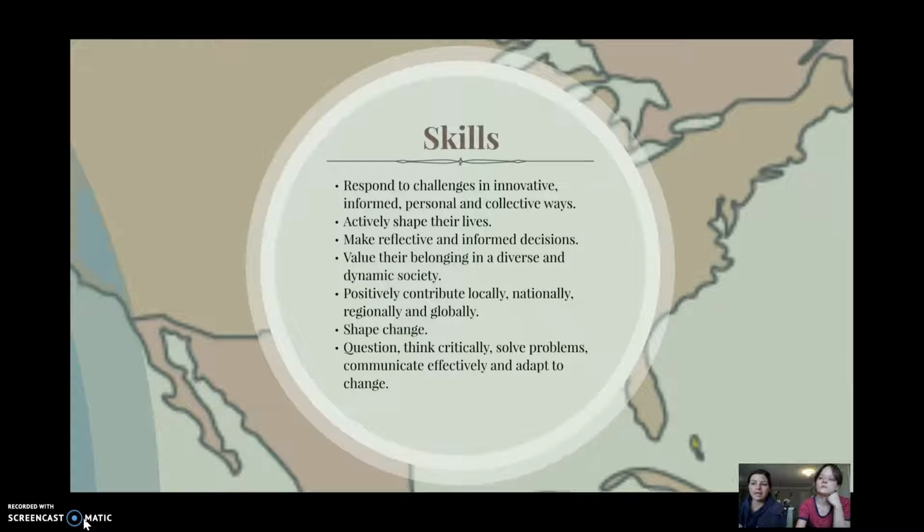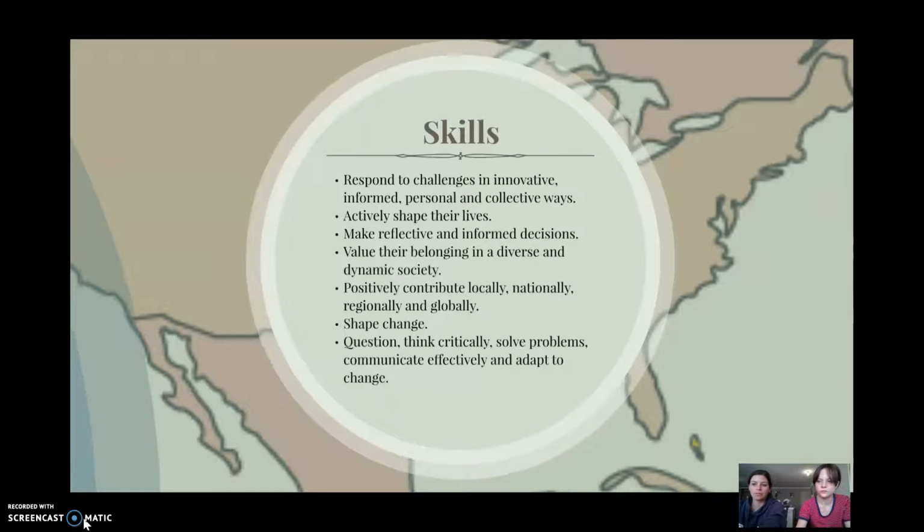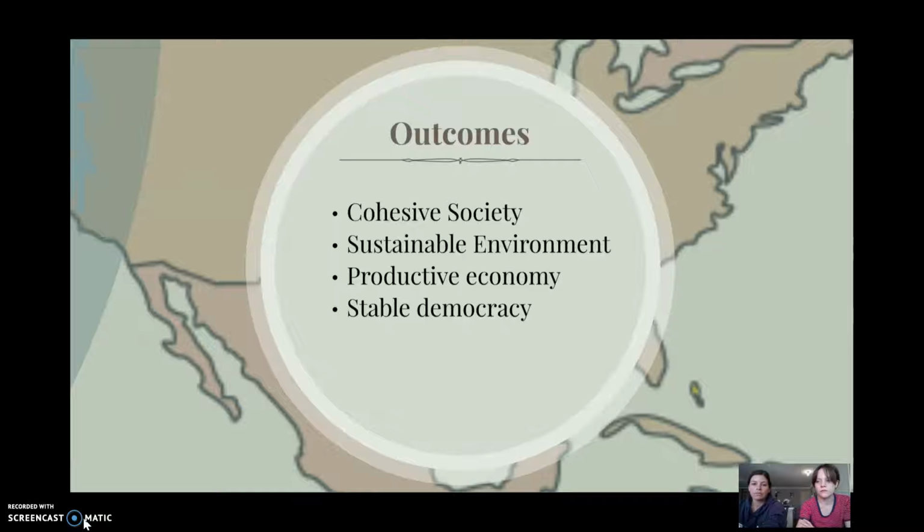According to ACARA, the utilisation of these HASS curriculum strands results in the students developing skills of responding to challenges in innovative, informed, personal and collective ways, actively shaping their lives, making reflective and informed decisions, valuing their belonging in a diverse and dynamic society, positively contributing locally, nationally, regionally and globally, shaping change, questioning, thinking critically, solving problems, communicating effectively, and adapting to change. These skills are intended so that we can have the outcomes of a cohesive society, sustainable environment, productive economy, and stable democracy.